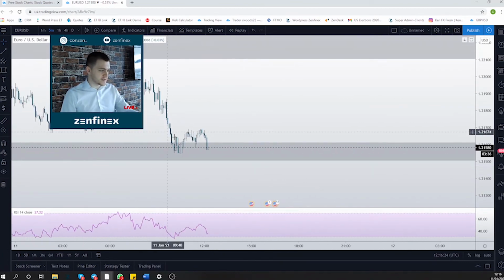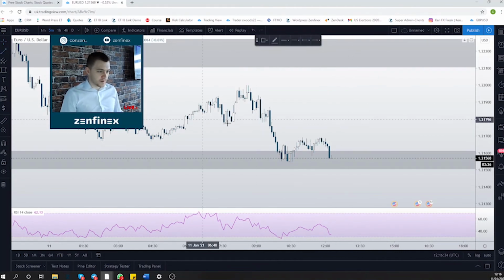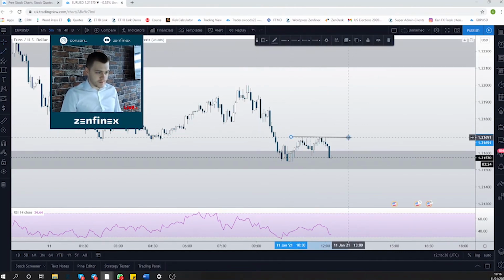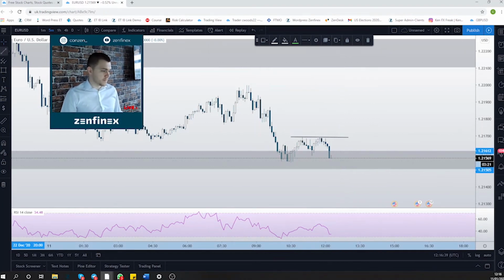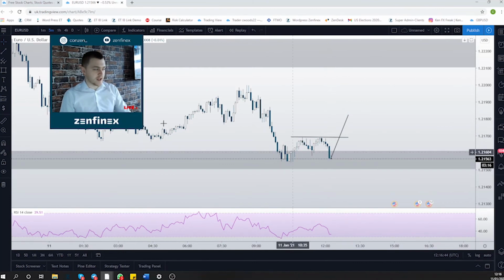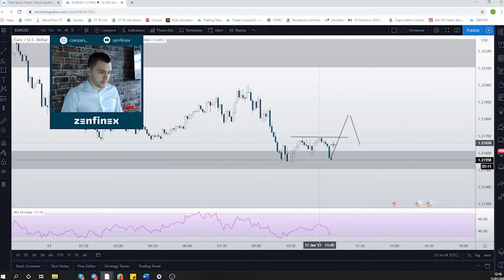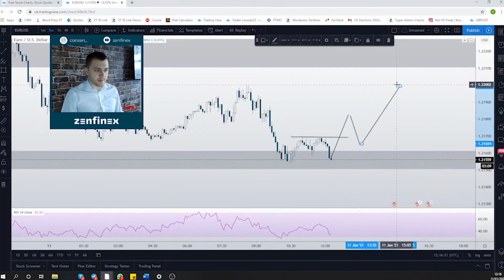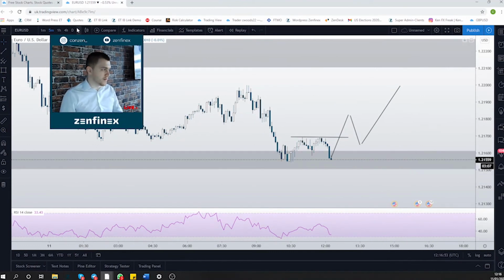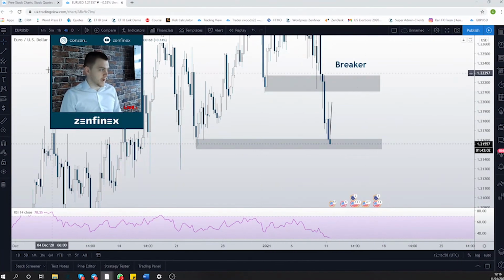Now, this is the 5-minute, and if this 5-minute low was to hold, what I'd like to see is a break above this 5-minute high here, then an order block that's left behind, a retest, and then we can start aiming for those highs again, with the idea in mind that this is potentially now an area of resistance.